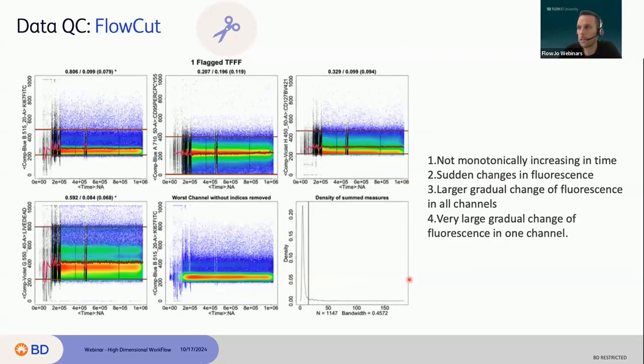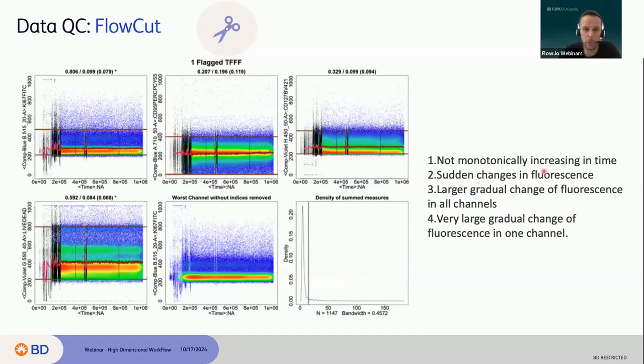So let's look into a not so good sample and the report, and see a little bit more in detail. Here we can see the 4 letters: T, F, F, F. That means the first test is true, so it passed.